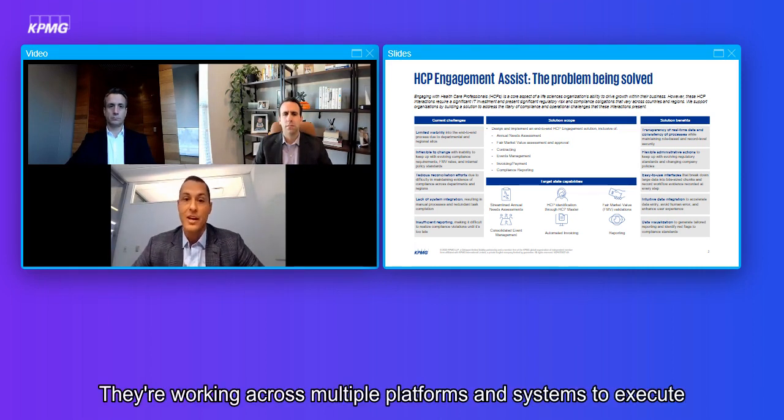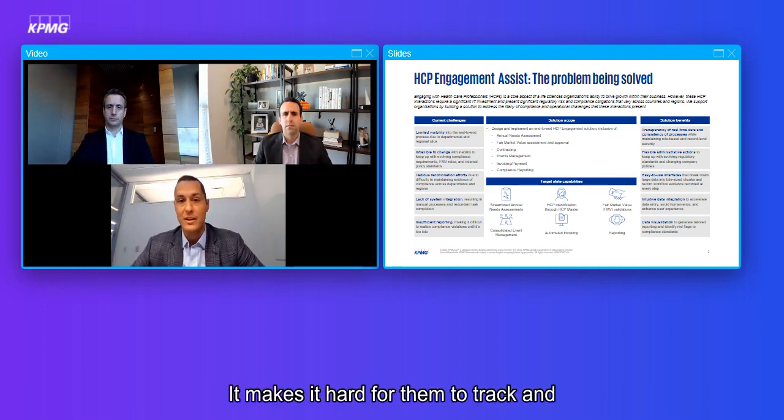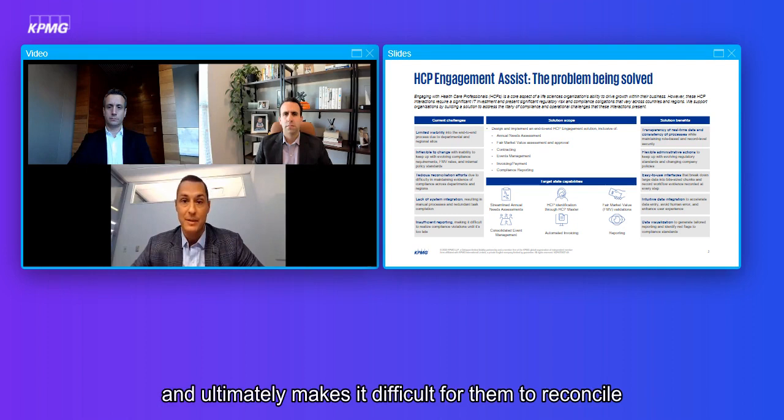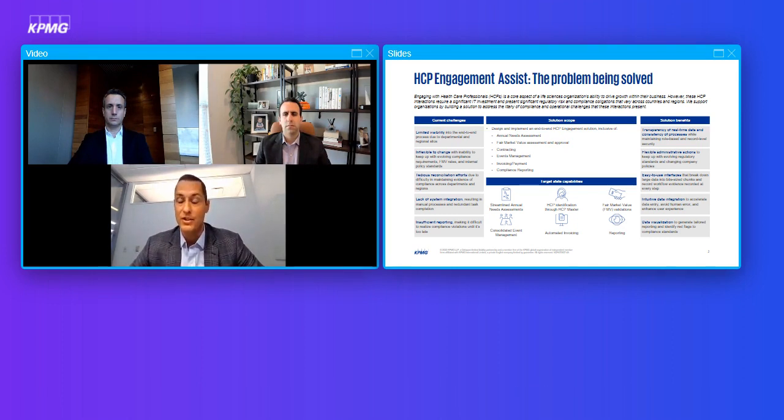They're working across multiple platforms and systems to execute these tasks, which makes it hard for them to report in a reliable fashion. It makes it hard for them to track and monitor the spend across contractual caps and limits, and ultimately makes it difficult for them to reconcile that spend against initial budgets once the services are provided.